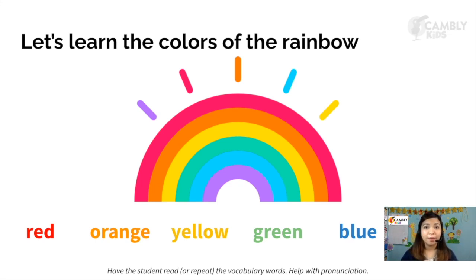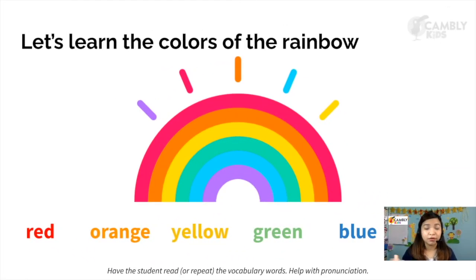When you say the word, you have to emphasize it. For example, red. It doesn't sound like the word itself otherwise, but if you emphasize the word red, all the letters will be heard by the student.